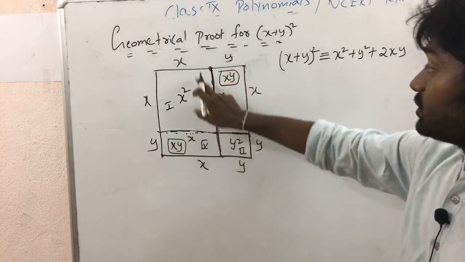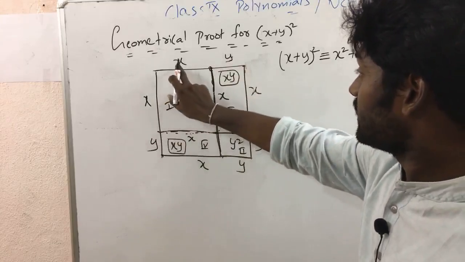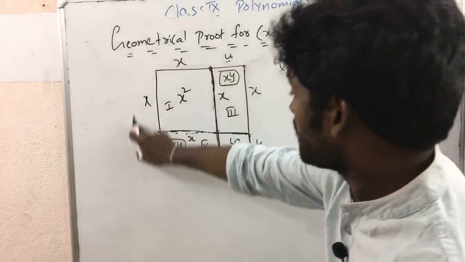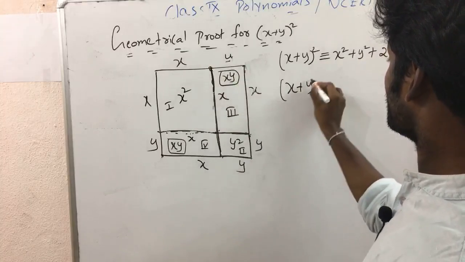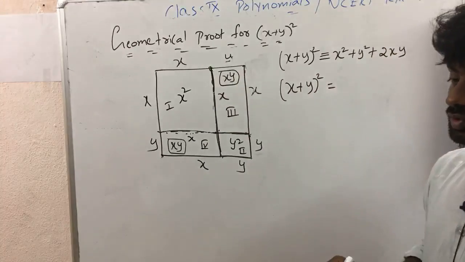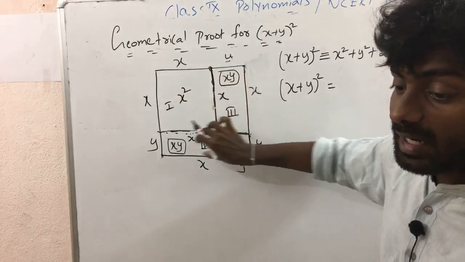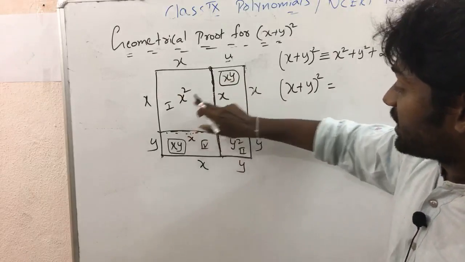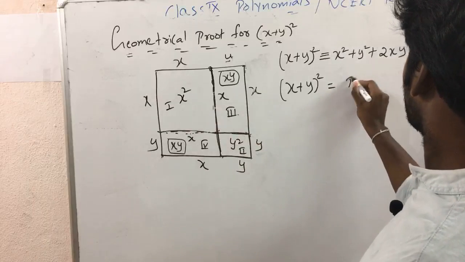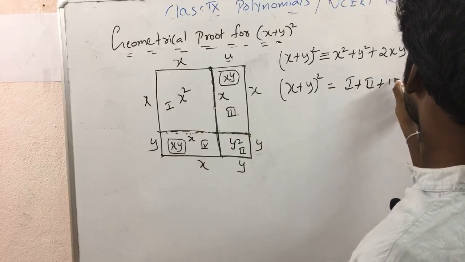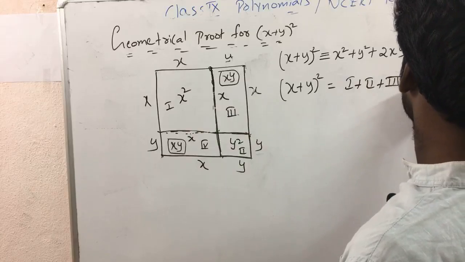Yes or not? The total square has length x plus y, so its area is x plus y whole square, which should equal the area of all four parts: part 1 plus part 2 plus part 3 plus part 4.